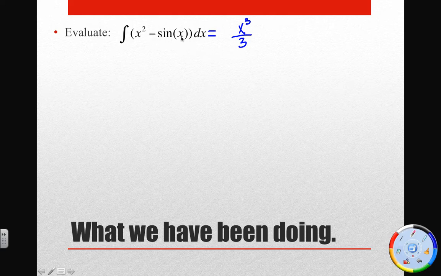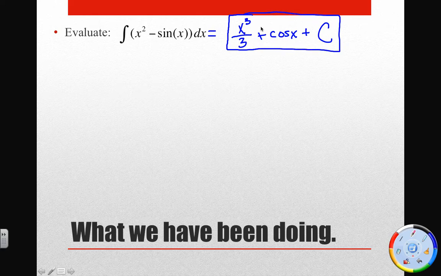Likewise, I would look at negative sine of x. Whose derivative is negative sine of x? Well, I know cosine of x has a derivative of negative sine of x. And then, as always, we add our c because that's a constant that represents the whole family of functions. And remember, the only way we can find this c is if we're given an initial value. So this would be our answer.